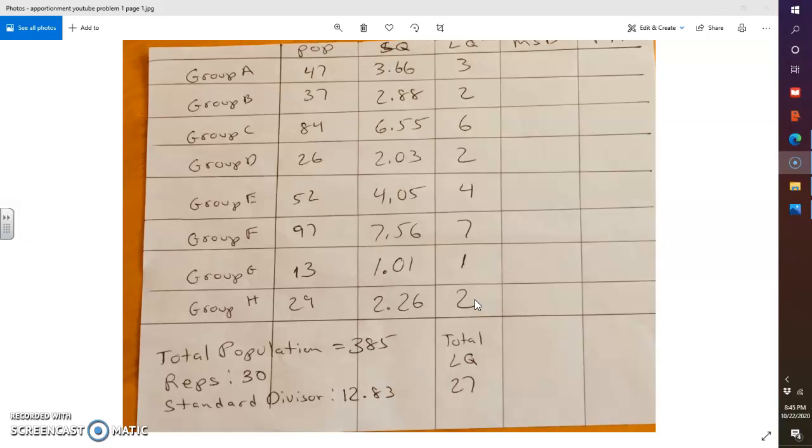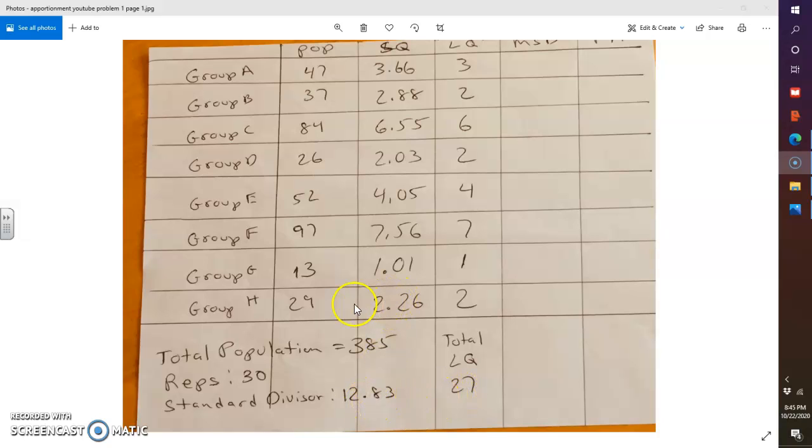Now, the first example I'm going to give, we're going to almost kind of do a guessing check. What essentially you need to do is change the standard quota to a number lower so that when we retake the standard quotas, my lower quota becomes 30. My lower quota is 27 right now.